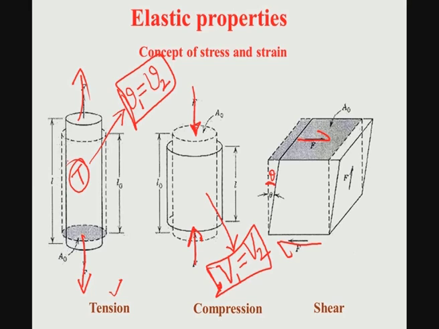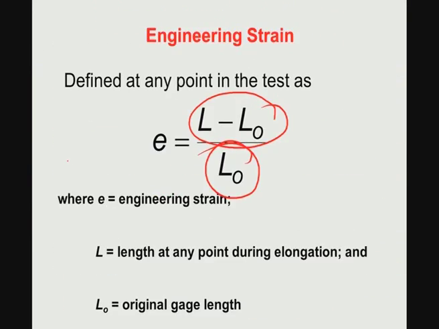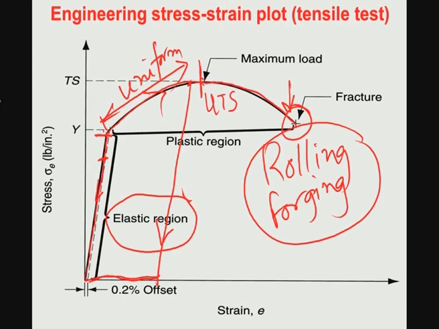So, if that kind of relationship is maintained in this particular region, that is the uniform deformation region. So, here that means the increase in the length is commensurate with the decrease in the diameter. That means longitudinal strain and transverse strain commensurate with each other, then it will give rise to uniform deformation.